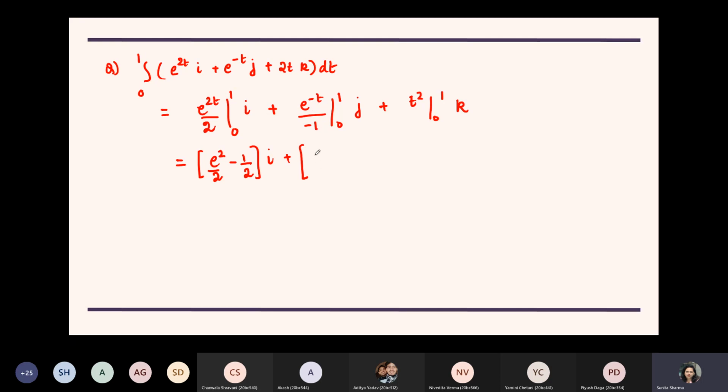So I can also write it as this, and then when I put t as 0, I will get the next term, and I'll have simply k. Just check the sign. Is this correct? Yes, ma'am, minus 1 will be correct.